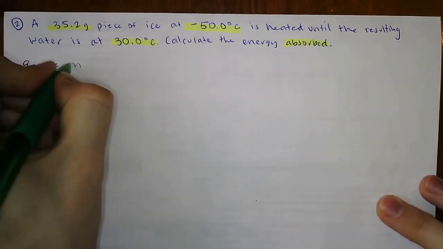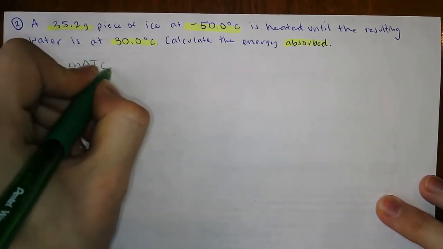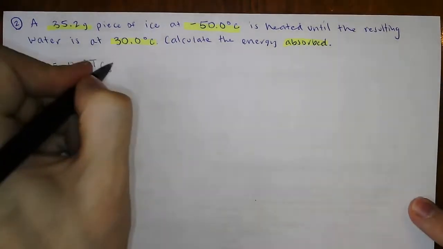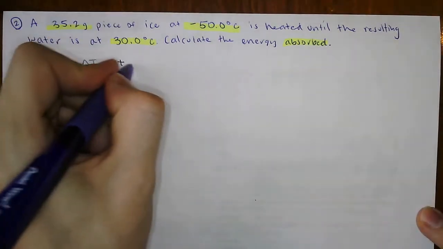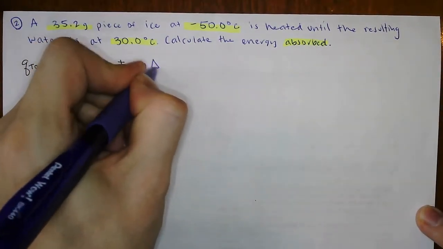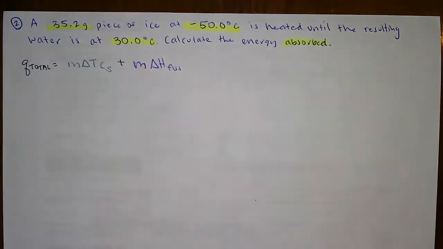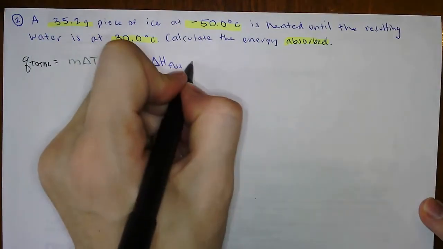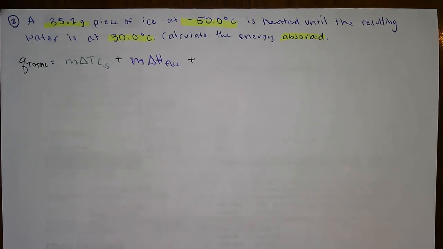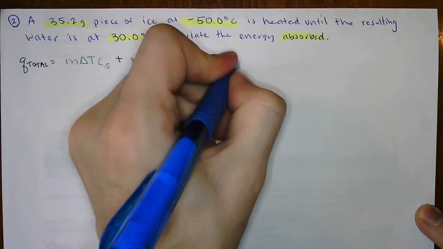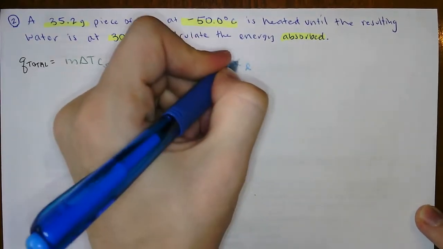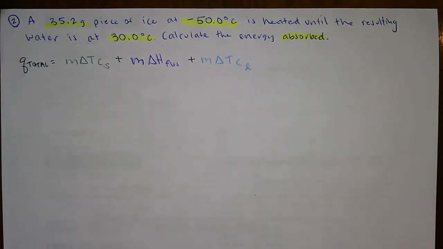An m delta T Cs, with an m delta H of fusion, and then finally m delta T Cl. So let's tackle these one portion at a time.